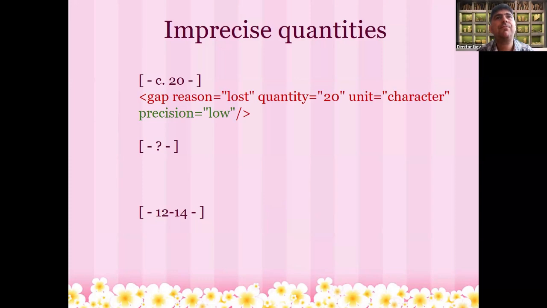So here we use not certainty, but precision, because we're certain that something is lost, but we cannot give the precise extent of the lacuna. So we say gap reason lost, quantity 20, unit character, and we add the additional attribute precision low.